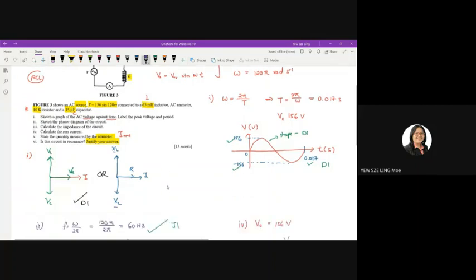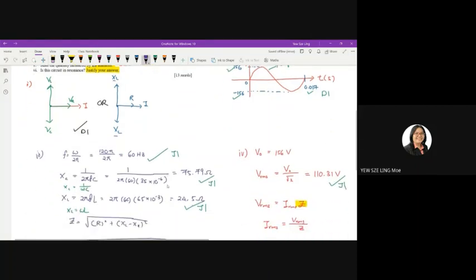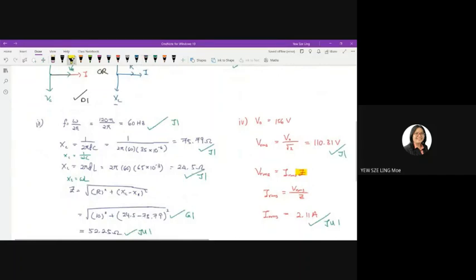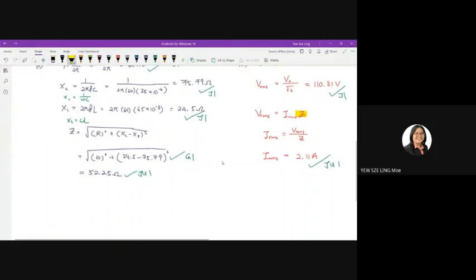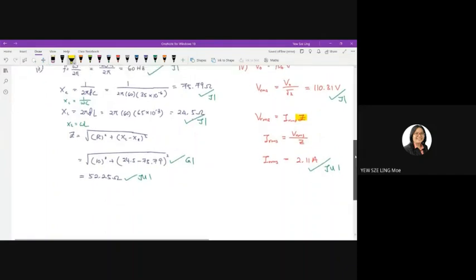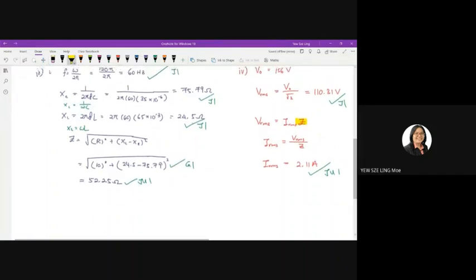So how to answer question 6? To answer question 6, you need to think, what does it mean by resonance? What is the characteristic of a circuit if it is in resonance? When your circuit is in resonance, your XC would be equal to XL. But if you look at this question, XC is equal to 75.79 ohm, XL is equal to 24.5 ohm.